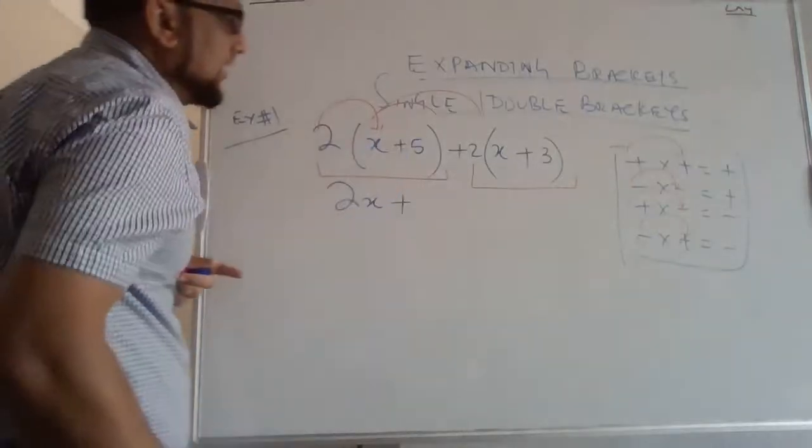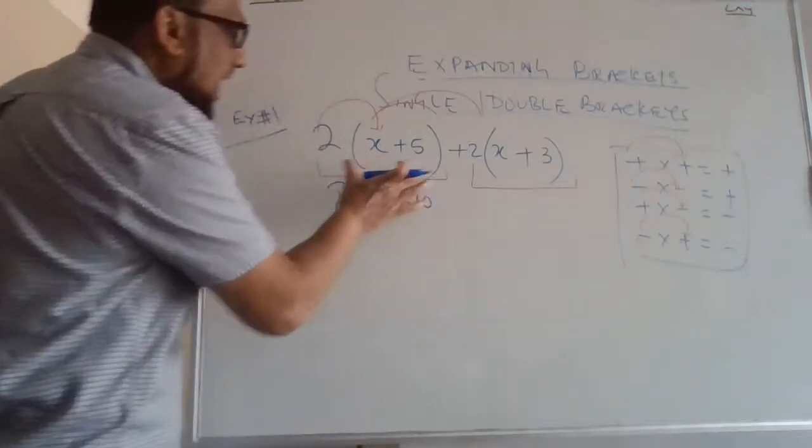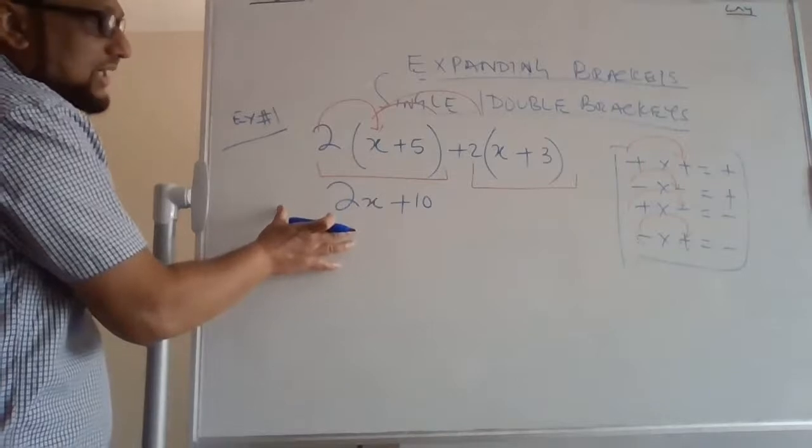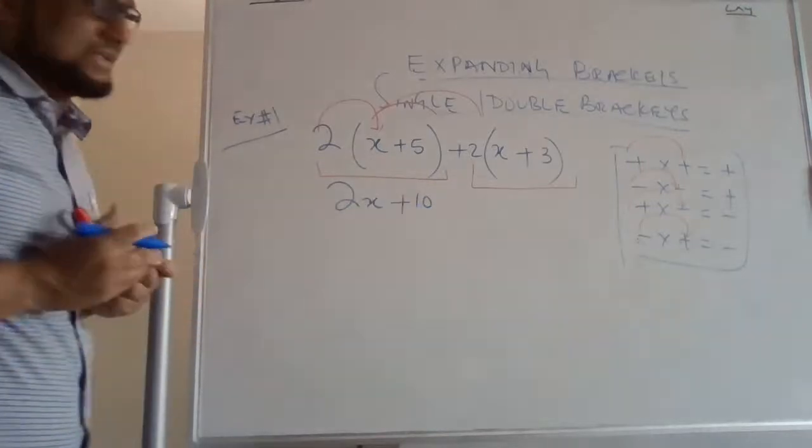So 2 times 5 is 10. So the answer for expanding the first bracket is 2x plus 10.